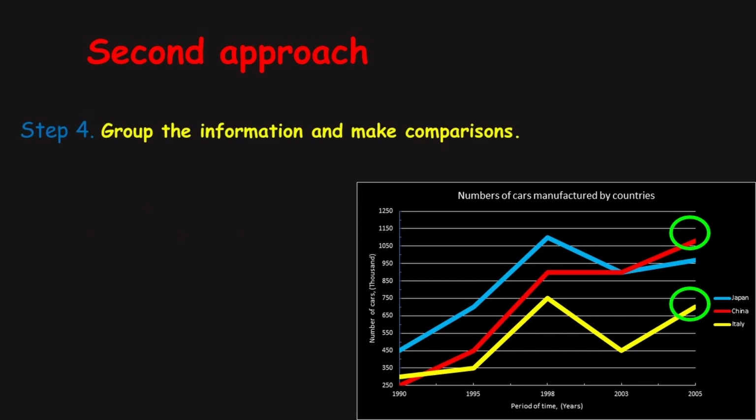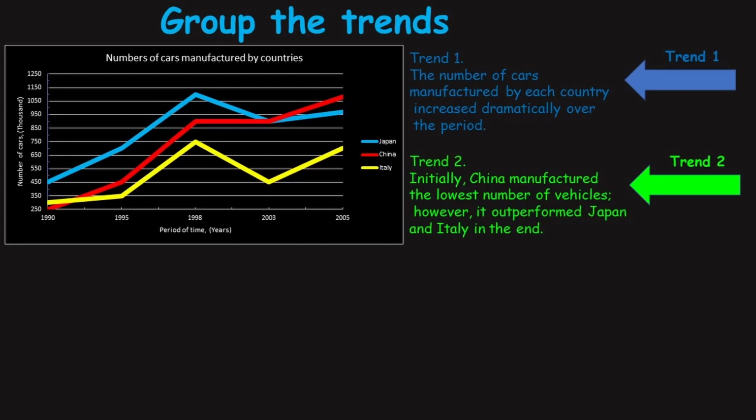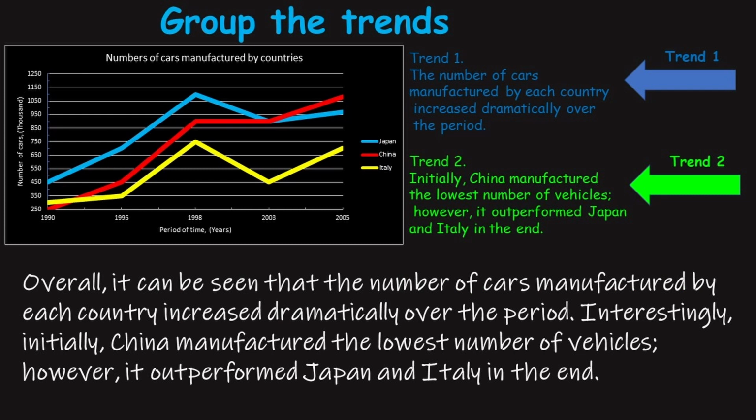Step 4. Group the information and make comparisons. At this moment, we combine the information from step 1 and 3 and have trend number 2. At this moment, we should group the trends that we have collected. Both trends must be included in our overview. Below the line graph is presented the overview.